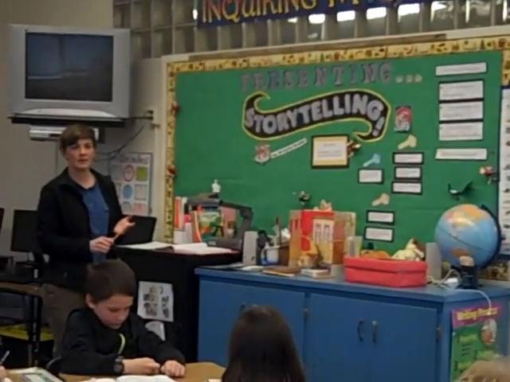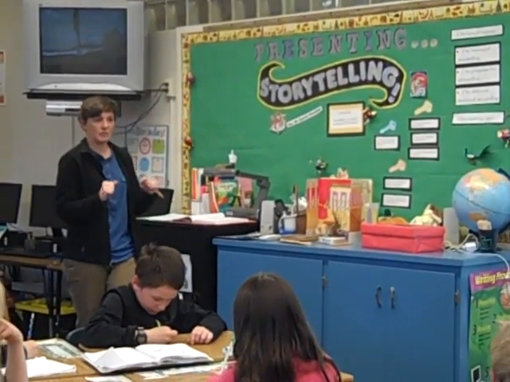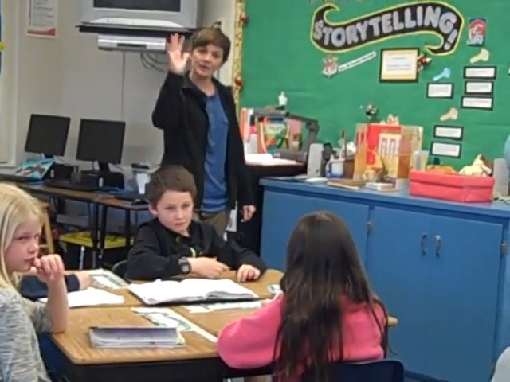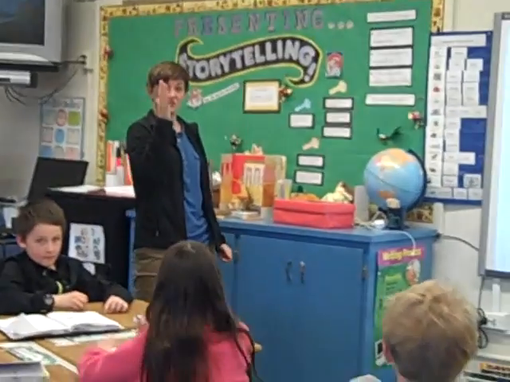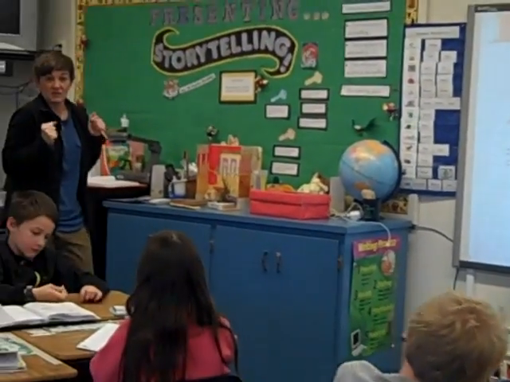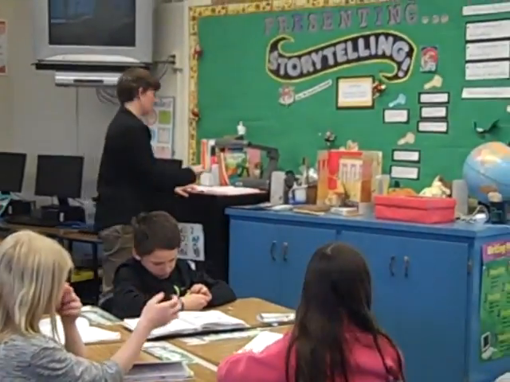What does it mean if you're quivering? Show me with your bodies. Let's have everybody quiver, sort of like you're shaking. It's easy to have your hand quiver. If your hand's shaking, maybe if the leaf is blowing in the wind, it's quivering. Maybe if you're scared, you could quiver. The quivering leaf waving at the birds as they fly by.